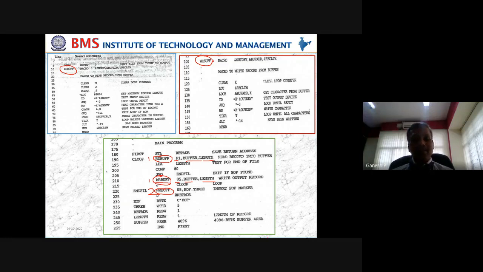So when normal macros are called independently, like in our example, RDBFF, we have called at line number 190, it has F1 buffer length as actual parameters. And once the process is over, when I go to line number 195, I don't require F1 buffer length because processing is already over. When I'm at line number 210, WRBFF is called with values 0.5 buffer and length.